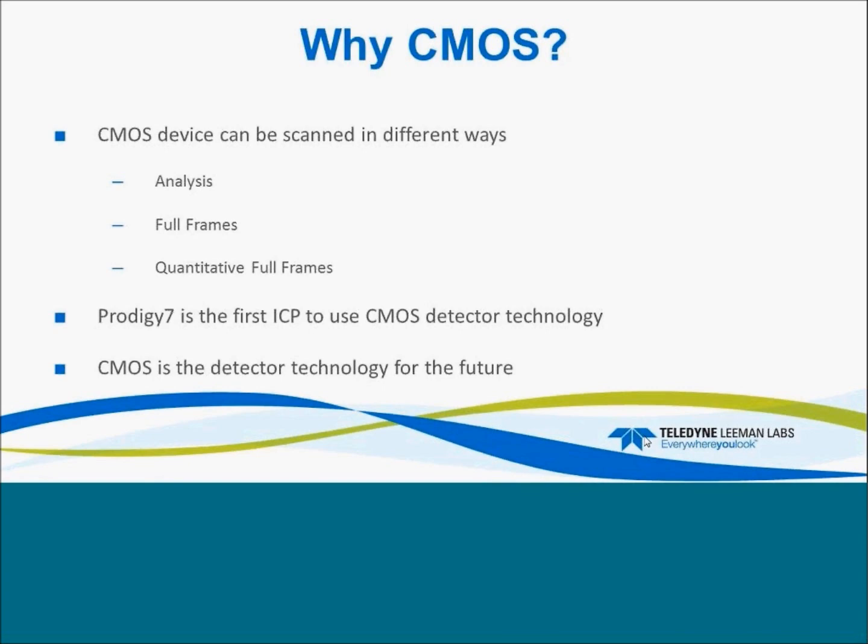So Prodigy7 is the first ICP to use CMOS-based detector technology right now, and by all accounts, CMOS is going to be the detector technology for the future. There is a tremendous amount of development, and as time goes on, the quality and the capability of these devices is only going to improve.